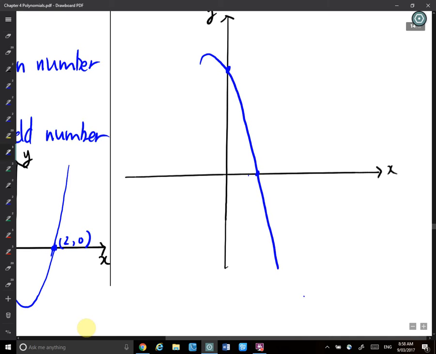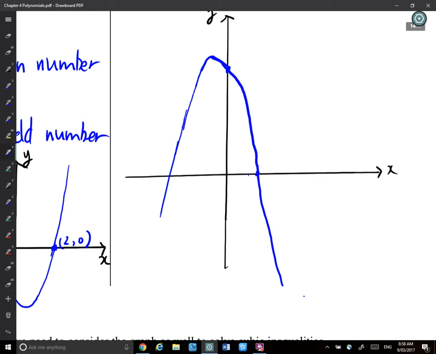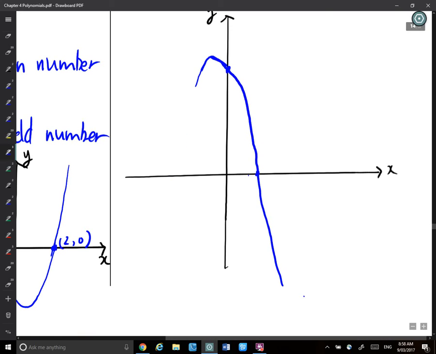I'll start from here and go to here. Normally the graph would go down in this direction, but I cannot go this direction because there are no other intercepts here. I cannot turn down.